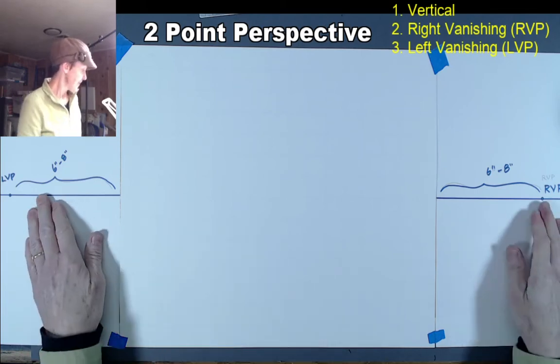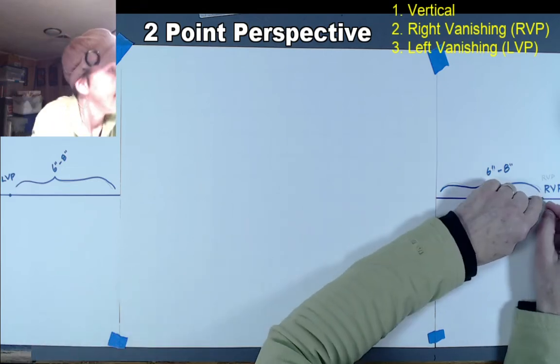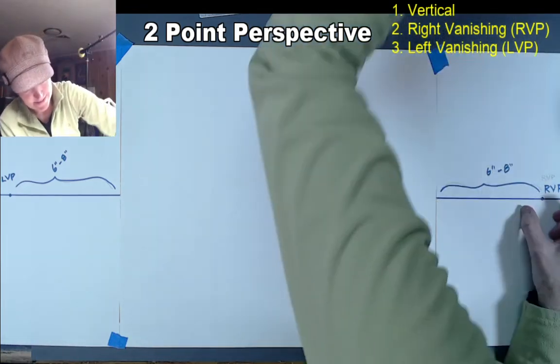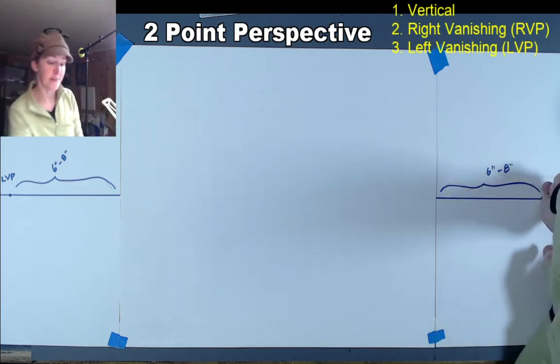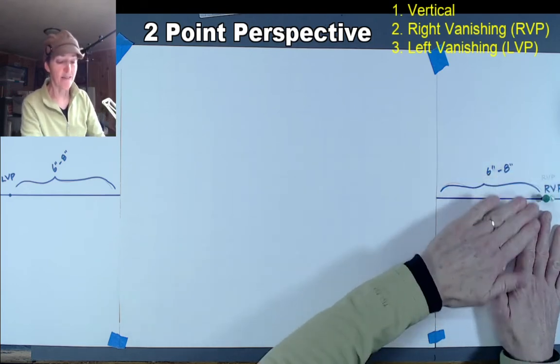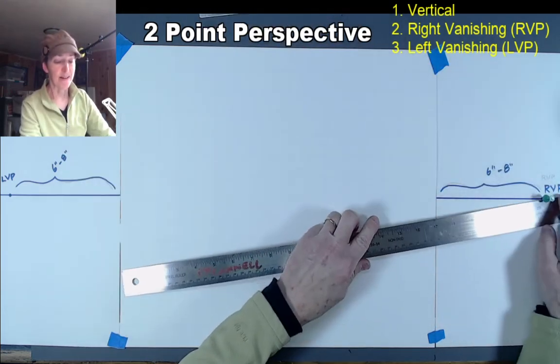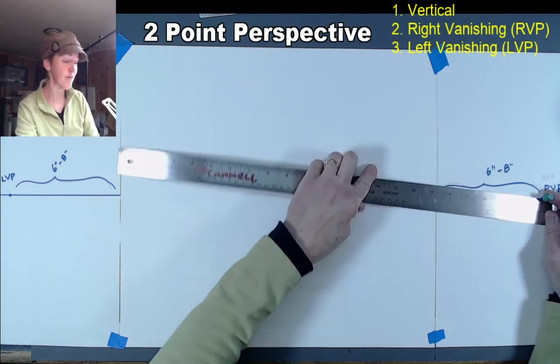You might even be able to put a tack in there, so that you have a really firm nail or something that you can just quickly align with and then slide your ruler up and down.